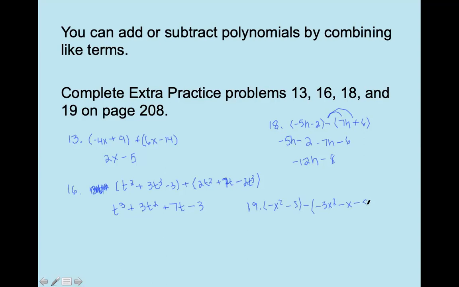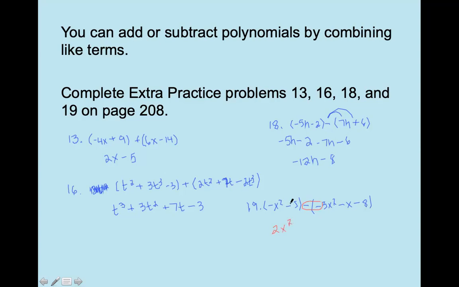All right, this time let's look if we can figure out what these changes would be without actually distributing and rewriting. So let's look. We have a negative x squared here. I'm going to switch pen colors here for a second. If we look here, we're going to have a negative 3x squared. So negative x squared, that's going to turn into a plus 3x squared would be 2x squared.